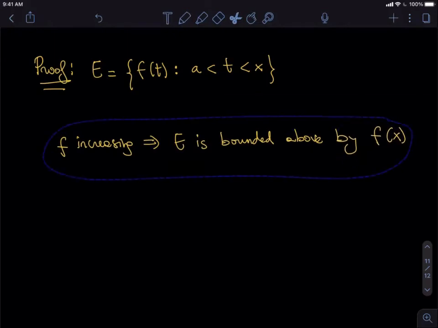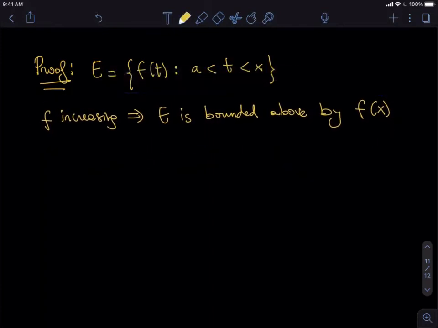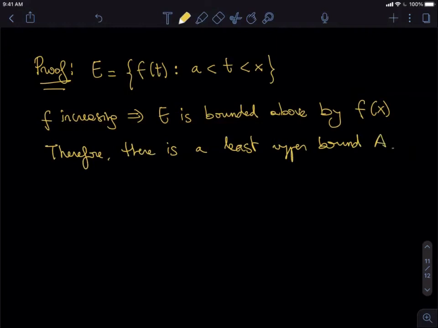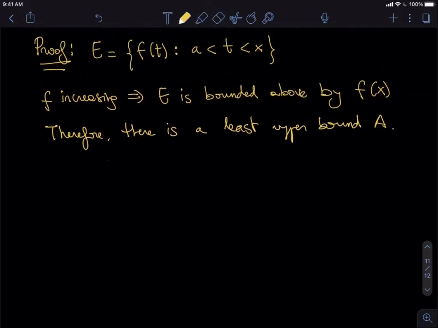And if we have learned something about the supremum and the least upper bound, it is that if E is bounded above by f of x, then there is a least upper bound, A. Now, A must be less or equal than f of x.